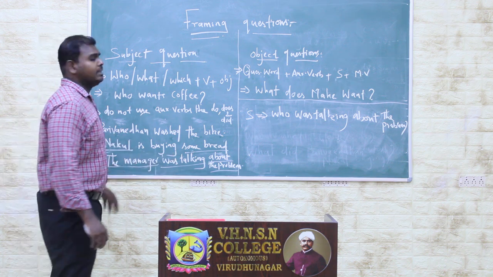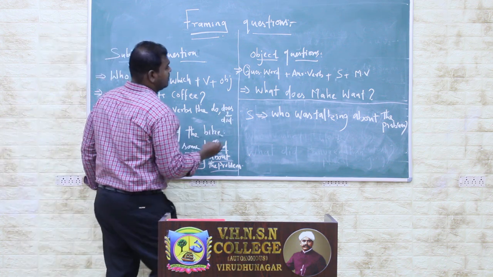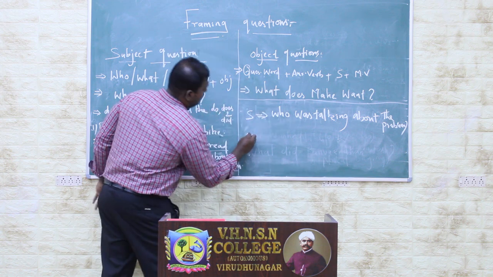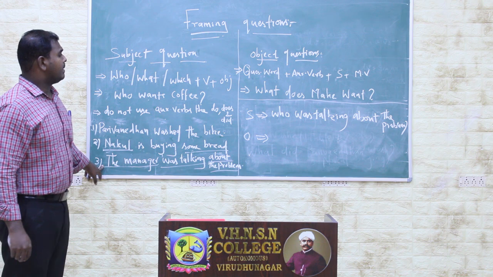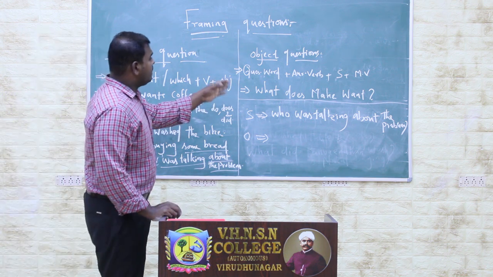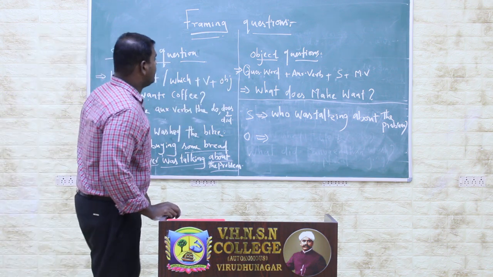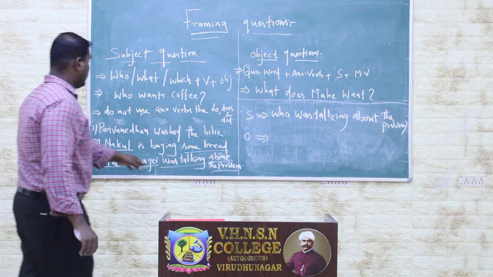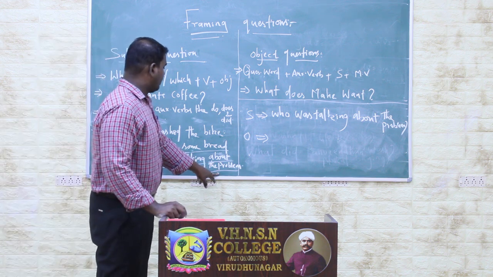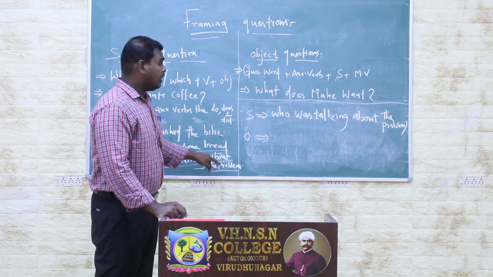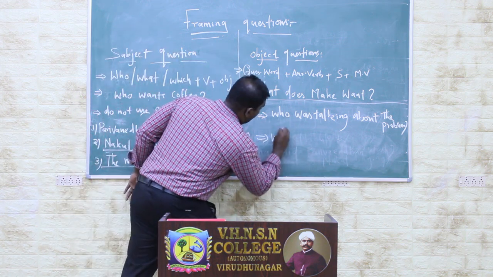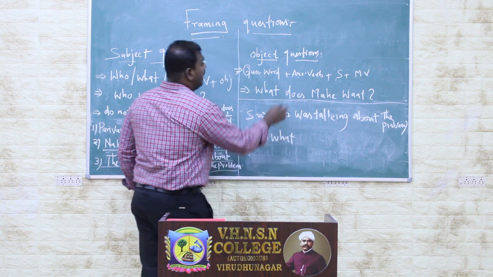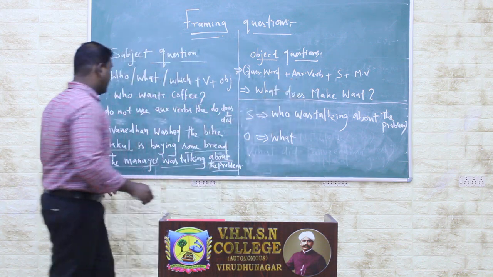Likewise, for this sentence we frame the object question using this formula: question word plus auxiliary verb plus subject plus main verb. What was the object over here? About the problem, so we use what. What was the auxiliary verb over here?